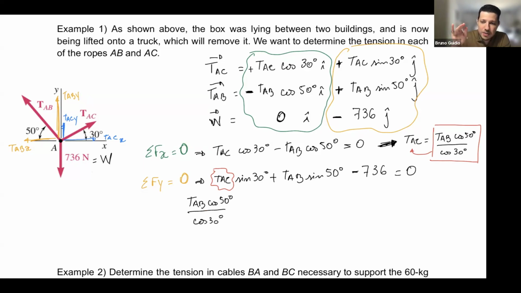And this is where I got the mistake every single year: we cannot forget about the sine of 30. We're substituting just TAC. The sine of 30 stays there.